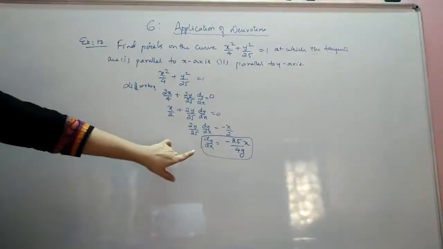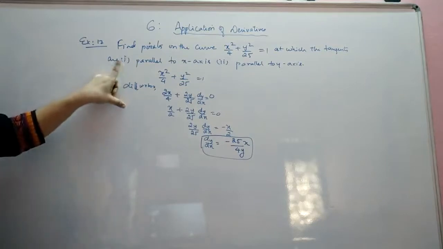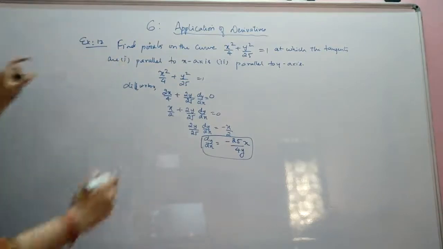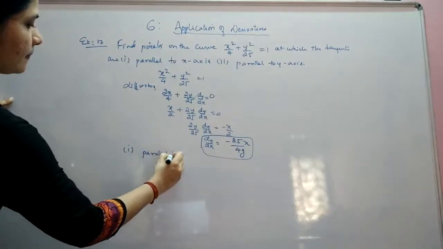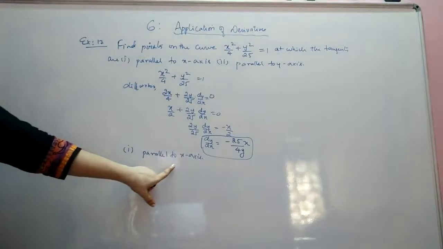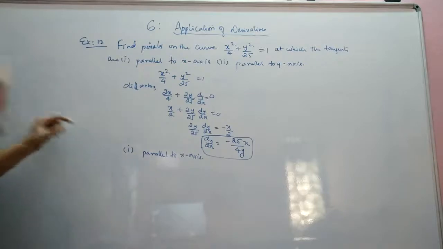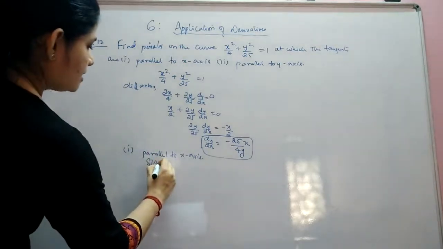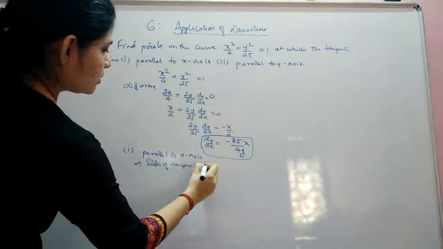Okay, now after finding out dy by dx, we will start with the condition. What is the condition? First thing is parallel to x-axis. Now when we say that a tangent is parallel to x-axis, it means the slope of the tangent will be 0.